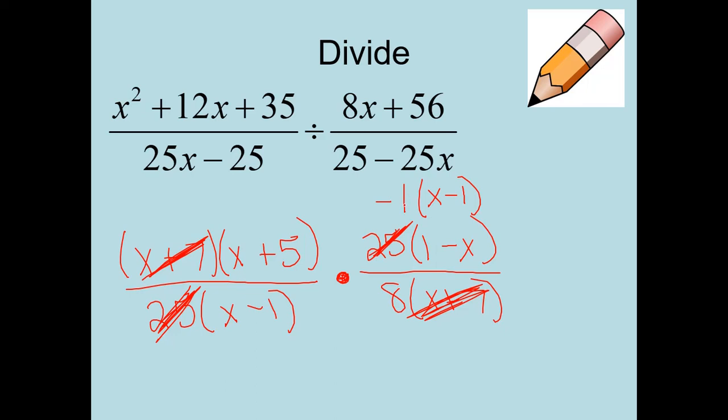Keep that in mind, guys. That is a possibility. Sometimes that will let you factor out more. So I can now cross out those x minus 1s. On the top then, I have a negative 1 and an x plus 5 over 8. Now this negative could also be sitting right here. It's honestly up to you where you want to put it. However, that would be a suitable answer. I also don't even need that 1 as well.